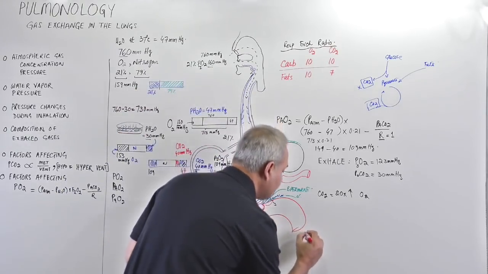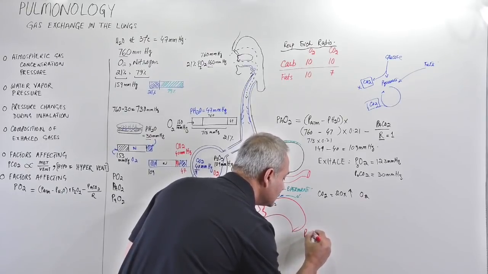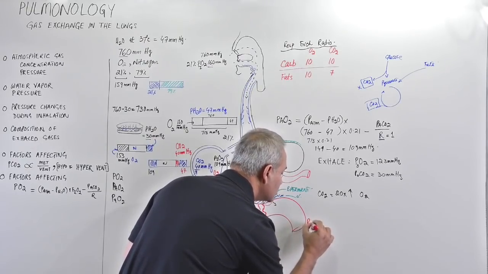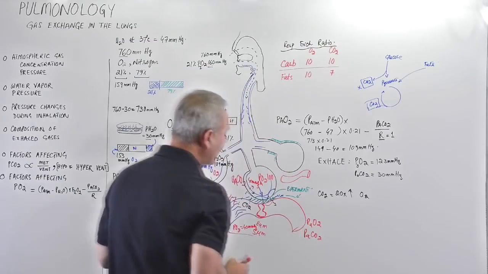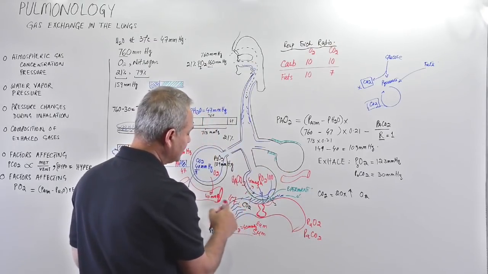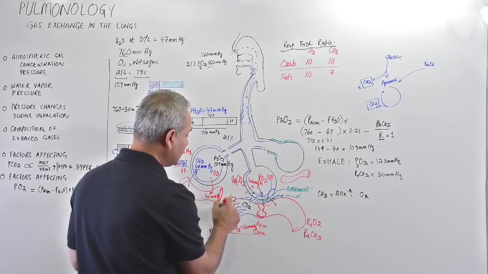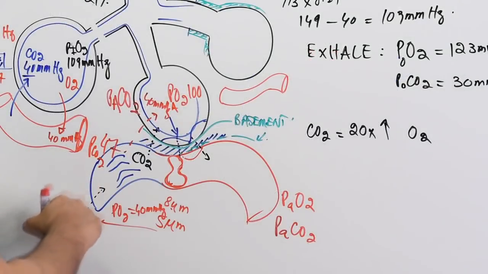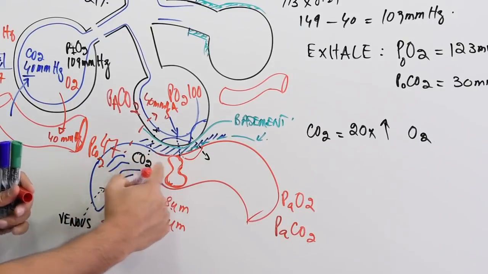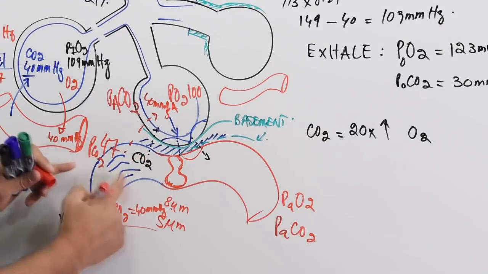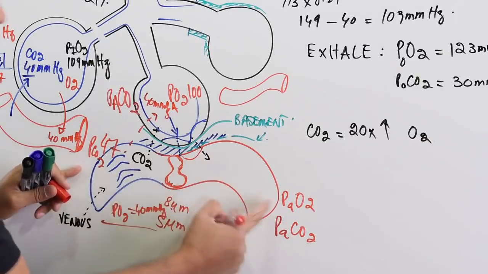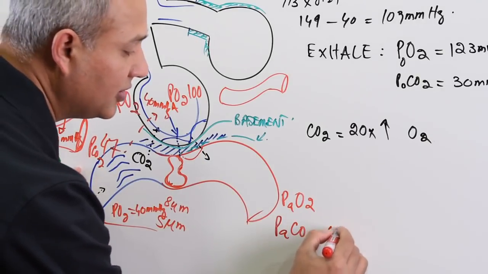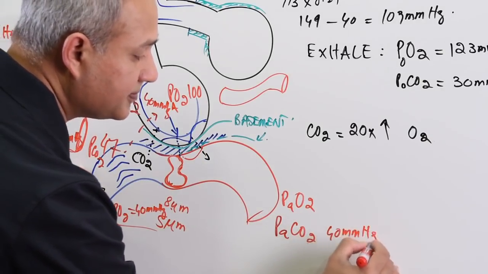How about P small a CO2 and P small a O2? Ideally it should be the same, right? So if it is 47 here, PCO2, when the carbon dioxide comes in, the pressure is higher, then carbon dioxide moves out and the pressure that comes out is lesser, so about 40 millimeters of mercury.